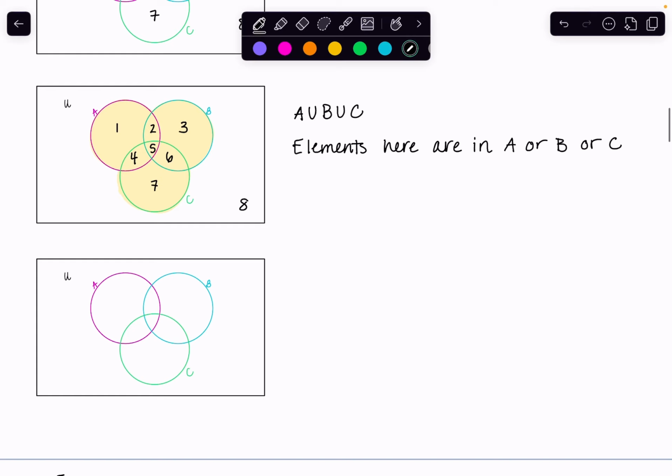So this one's actually really helpful if I go then to talk about region 8, which is the outside. So it's everything except regions 1 through 7. So if you think about what that means, it's the complement. So let's go ahead and label these. So region 8, which in Roman numerals would be VIII.